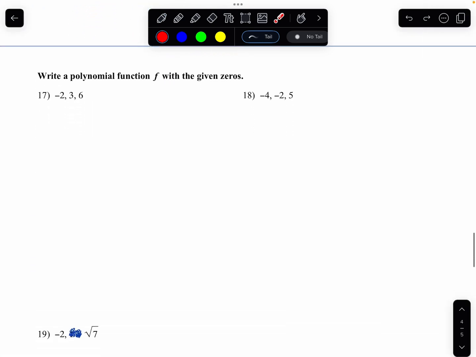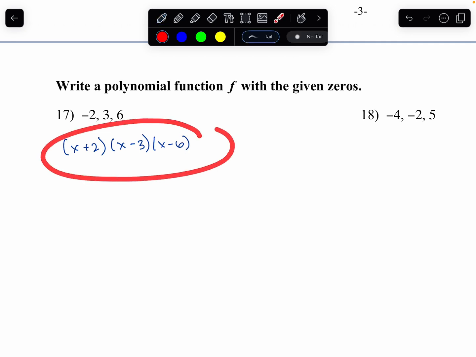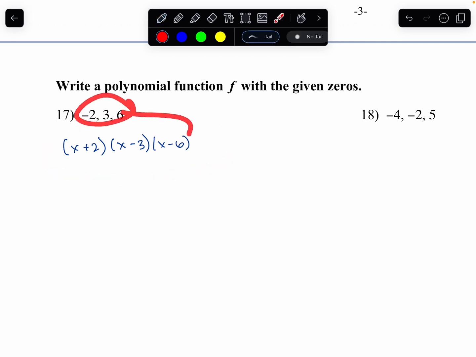Okay, so here, for these ones, we are trying to find the function that gives these zeros. So if these are the zeros, then the factors would have to be x plus 2 times x minus 3 times x minus 6. Because if these are the factors, then these are the zeros.